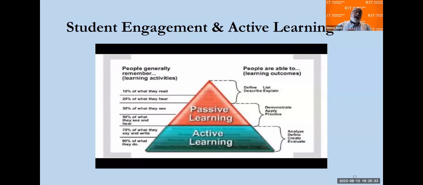Writing is again time on task, but again 90% is what they do. So if there are more tasks that you can bring into your lecture, the better off is going to be the retention. So again, give a thought of, think about this and how you can bring this into your teaching and content delivery.